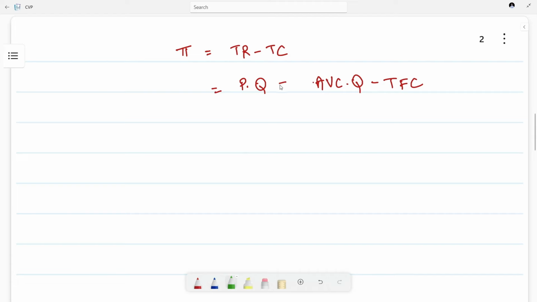Total revenue is price into quantity, and total cost is fixed cost plus variable cost, where variable cost is average variable cost into quantity. So it wants me to find the profit. I can take Q common, and this Q is given to us right now. Price minus average variable cost, minus total fixed cost. So we will be using this formula.